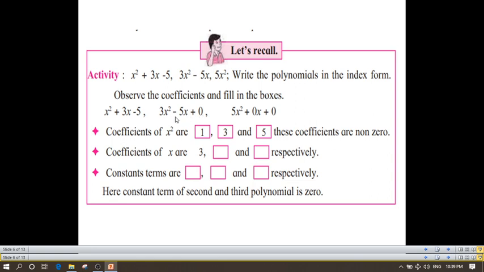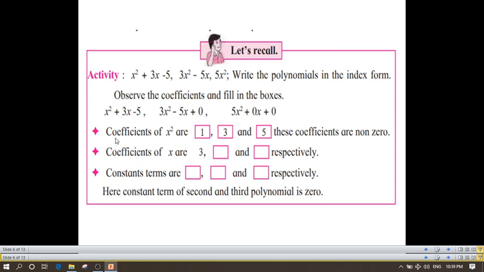Write this polynomial by inserting constant term 0. And third, 5x square plus 0x plus 0, inserting a linear term and constant term.